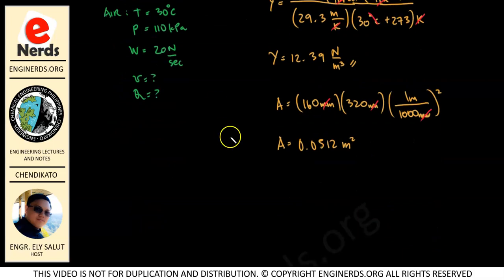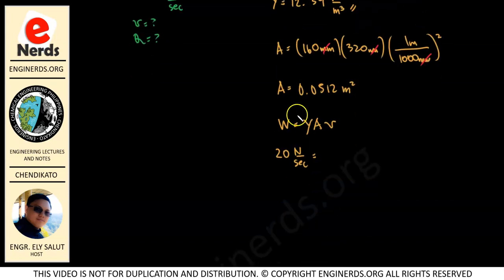So we have W is equal to our specific weight times area times the velocity. So our W is equal to 20 Newton per second, and this is equal to our specific weight, which is 12.39 Newton per cubic meter, times our area, which is 0.0512 square meter, times our velocity.